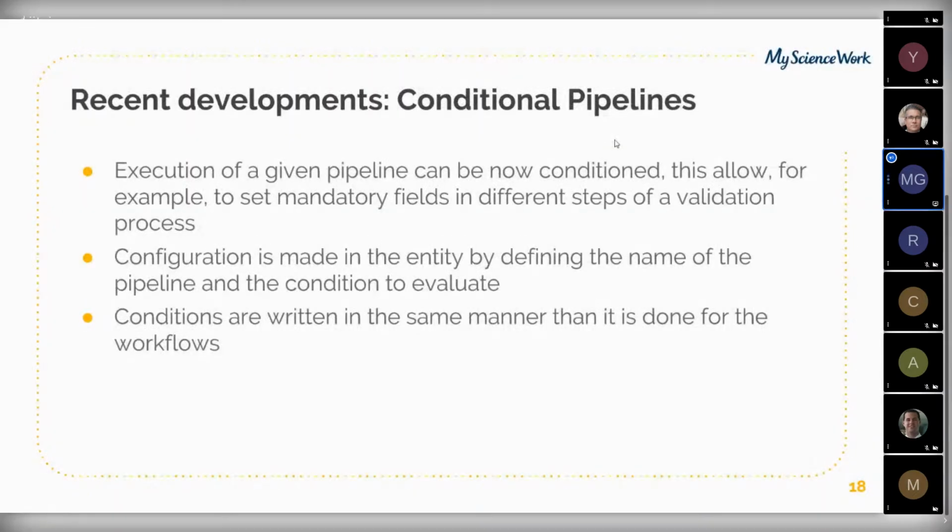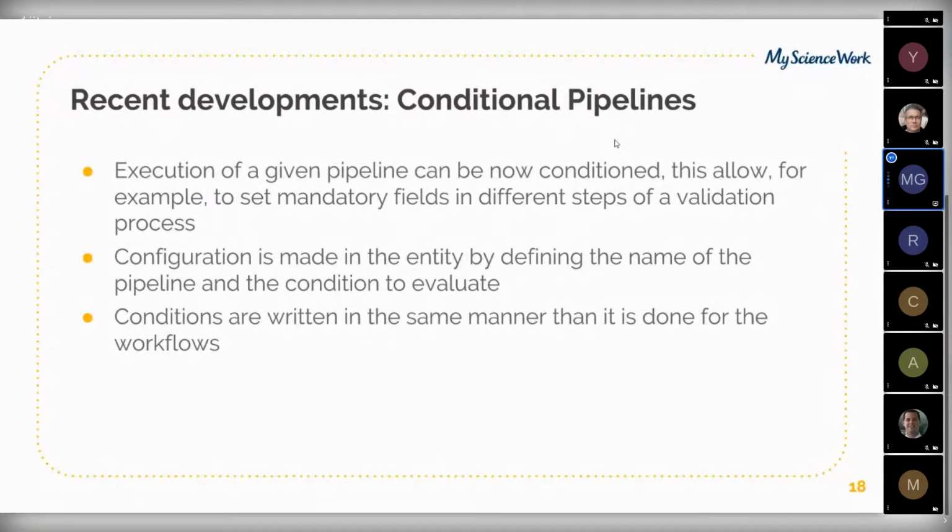And then the other one is conditional pipelines, which is, when I show you the pipelines, basically you say, well, I'm going to define a pipeline for a given entity. That means that pipeline will apply every time a record comes into that entity or it's updated. And that was good at the beginning, but we have faced cases where the most classical one is in different steps of the workflow, or the approval process, you're going to have different fields that are going to become mandatory.